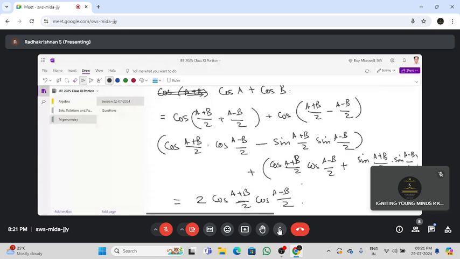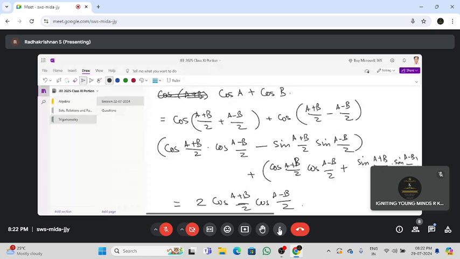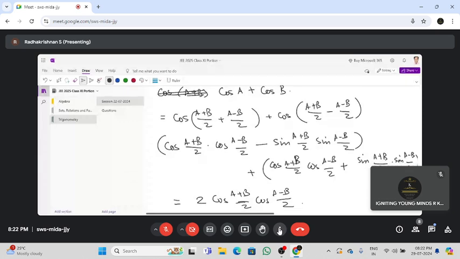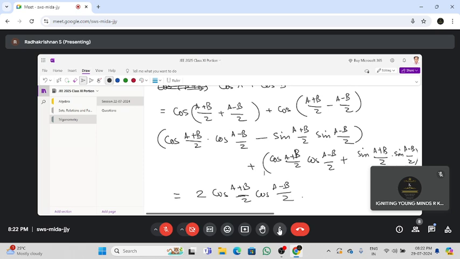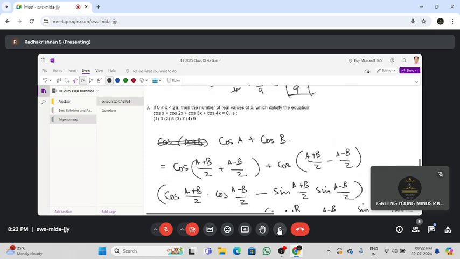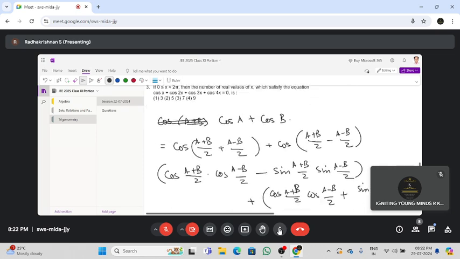This is the equivalent of cos A plus cos B. This is the formula you will use: cos A plus cos B equals 2 cos A plus B by 2 into cos A minus B by 2. This way you convert a sum of trigonometric terms into a product. Please do that for these two: cos x plus cos 2x, and cos 3x plus cos 4x.